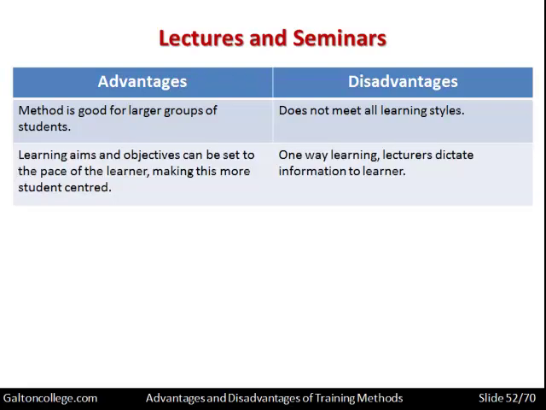Learning aims and objectives can be set to the pace of the learner, making this more student-centered. So it can be the case that lectures or seminars can be based on the perceived learning skills of the recipients, of the students.